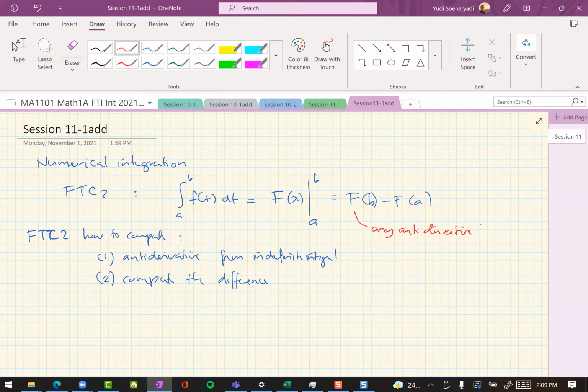Okay, all right. So the problem here is that not all functions have an explicit antiderivative.